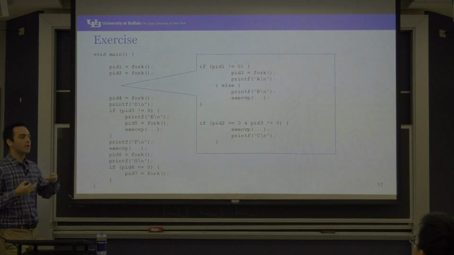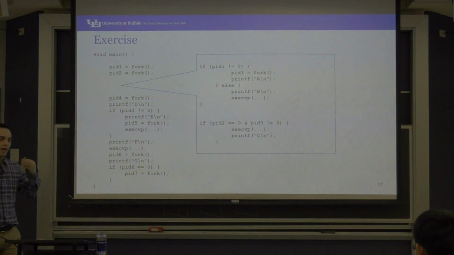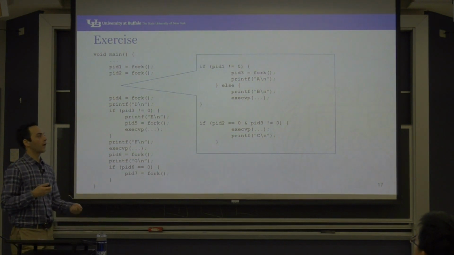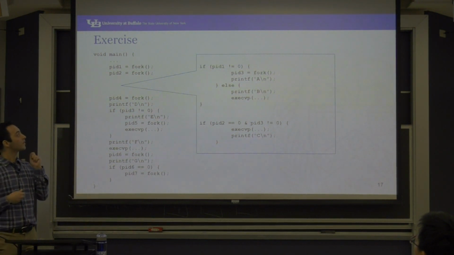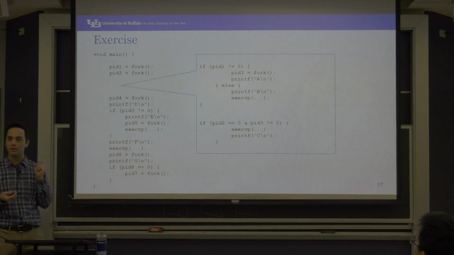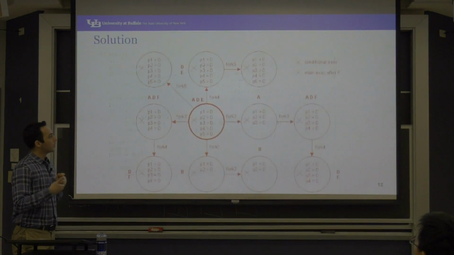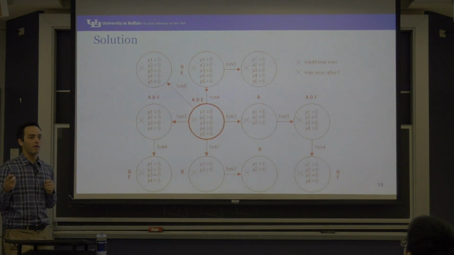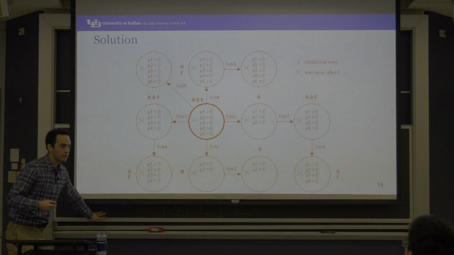In each of them, if there is a value in the parent process, that value stays the same in the child process. The only thing that differs is the return value of the fork. So the PID number 1 after this call will be different between the parent and child, right? This is a diagram that you should have for this type of question.